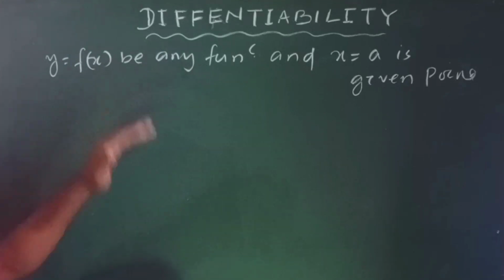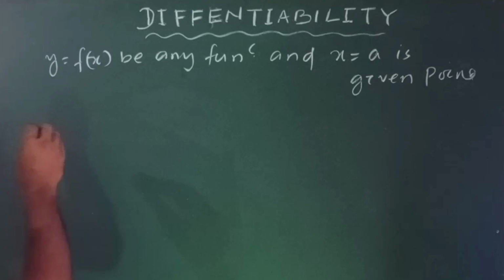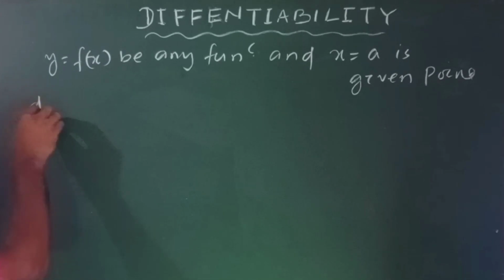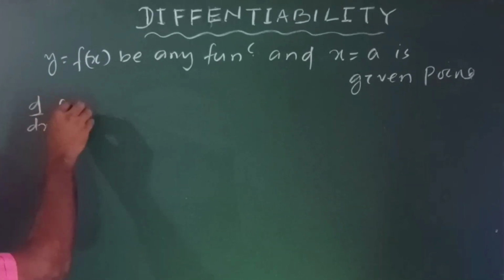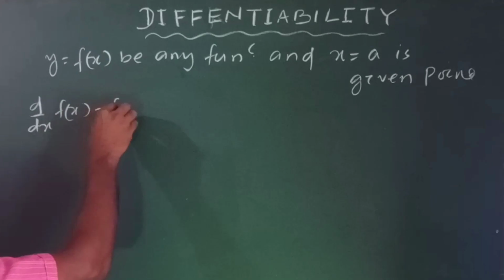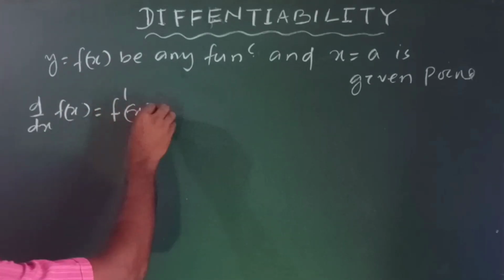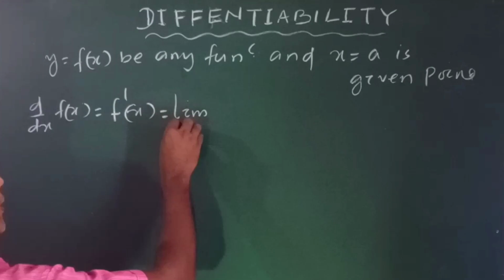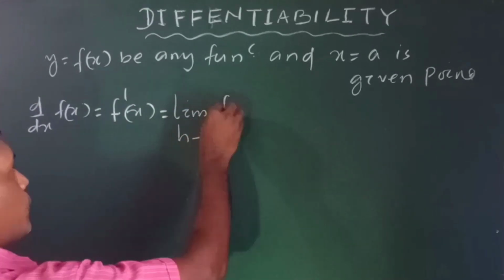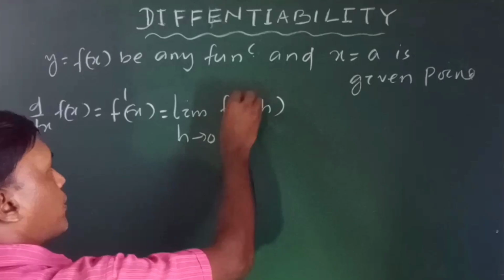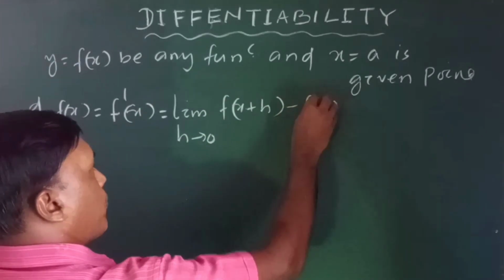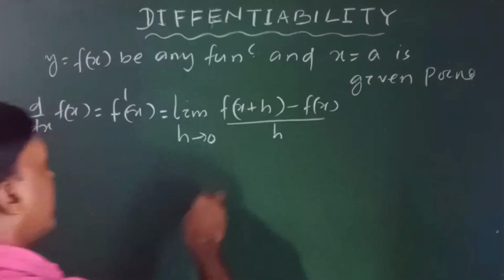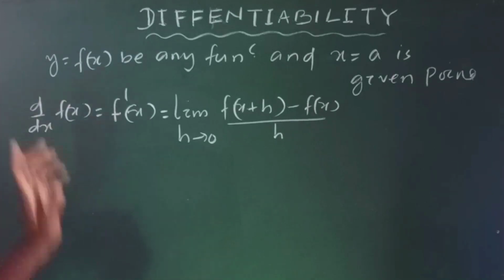Differentiability means the derivative of that function exists. So we know from the first principle, the derivative of f of x, generally written as f dash x. The formula for f dash x is limit h tends to 0, f of x plus h minus f of x, by h. This is the derivative of f of x.